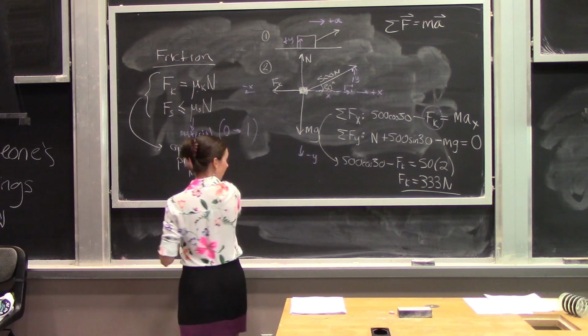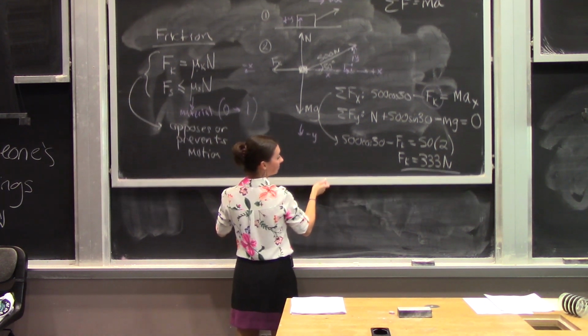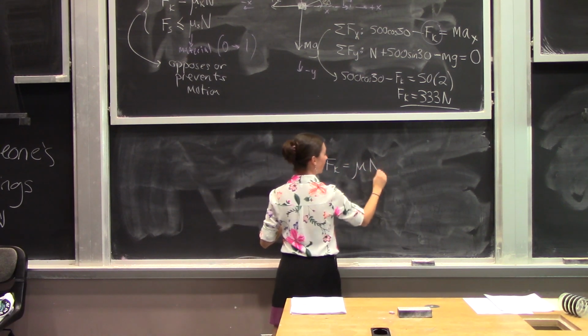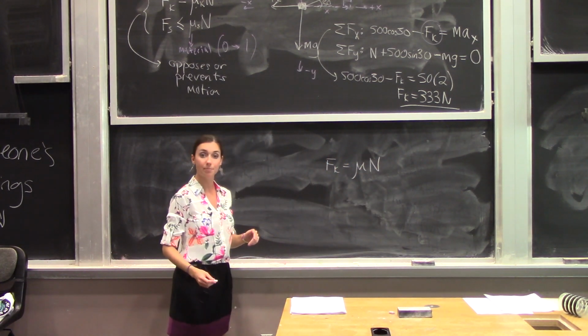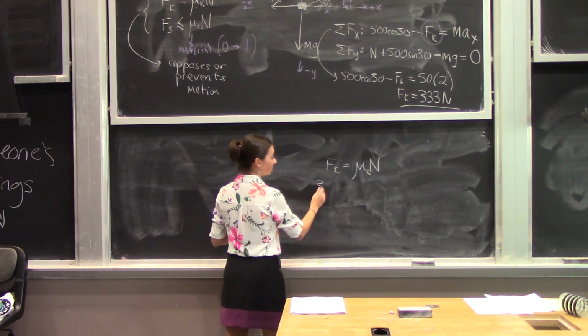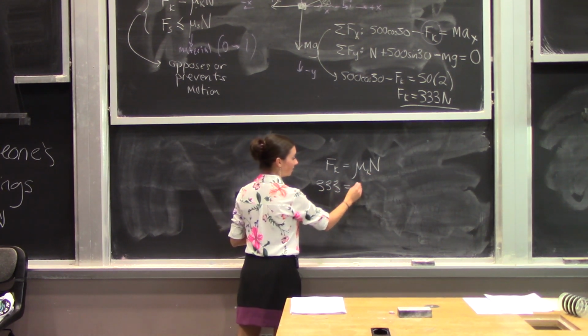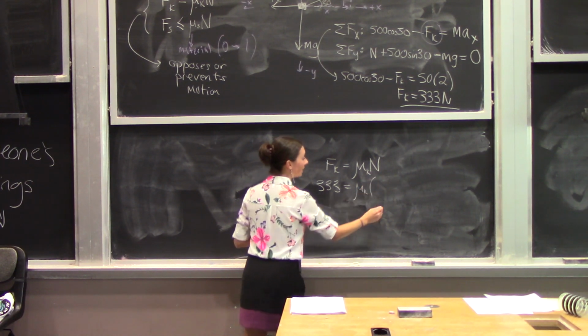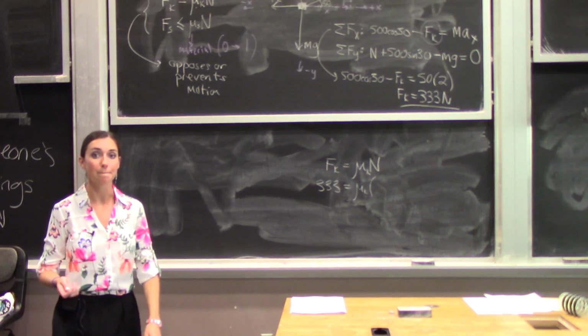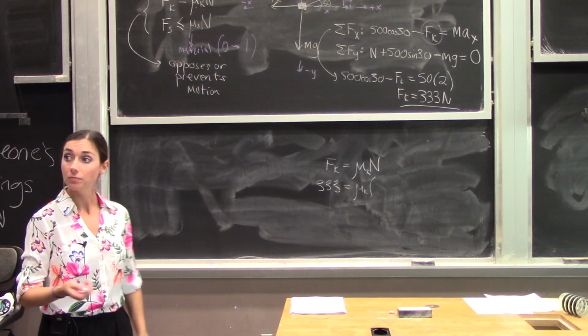So I can kind of start here, pick up where I left off. Fk is mu times the normal force. Uk, I should say, excuse me. This is 333. And then what is our normal force? Is that something that I know? Can we solve for it? We can solve for it, right?